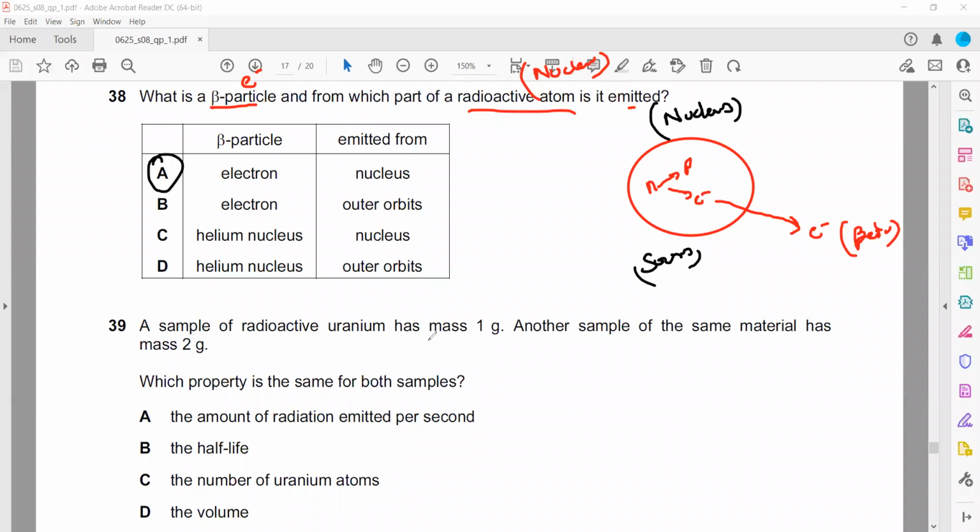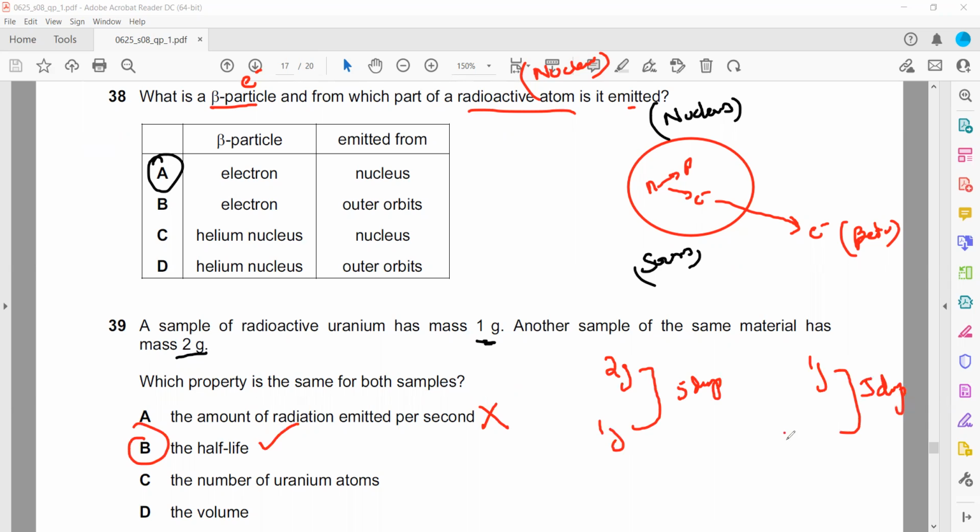Then a sample of radioactive uranium has a mass of 1 gram. Another sample has a mass of 2 gram. Which property is the same for both samples? Like in 1 gram and 2 gram, what will be the same? The amount of radiation emitted per second won't be the same, because 2 gram will have more particles, so more radiations. The half-life will be the same; half-life is constant. For example, if 2 gram takes say 5 days to convert into 1 gram, the same thing, 1 gram will take 5 days to convert into 0.5 grams.